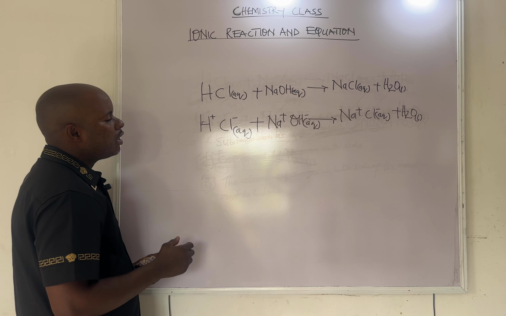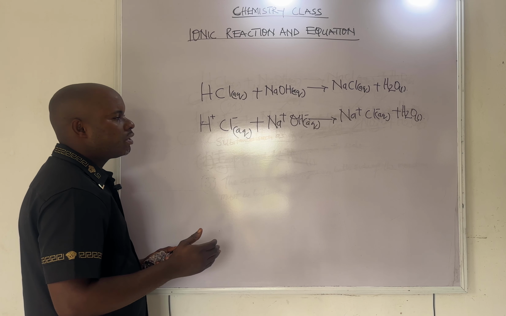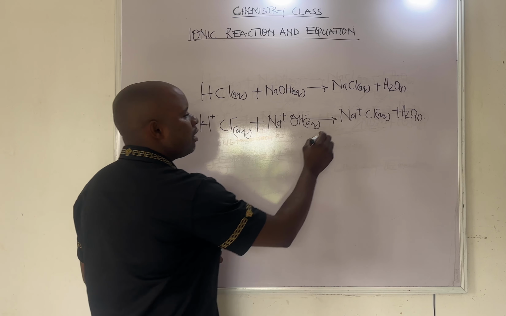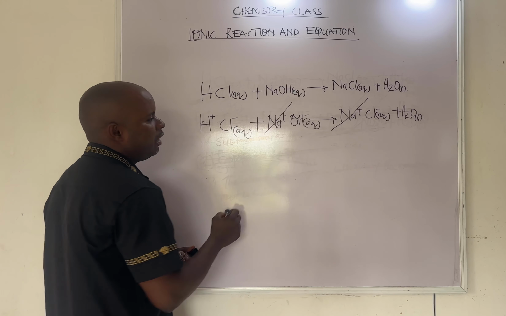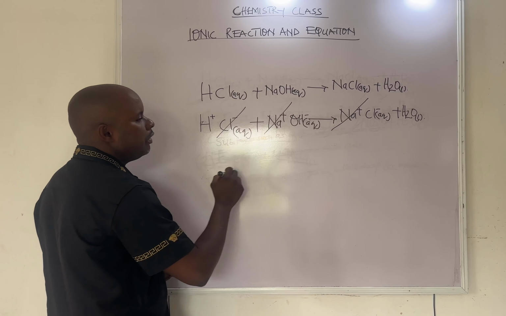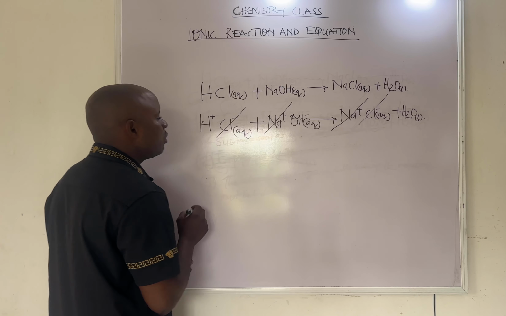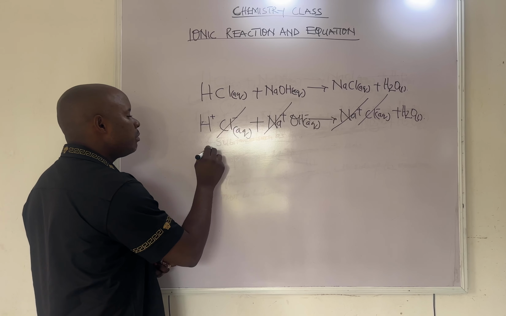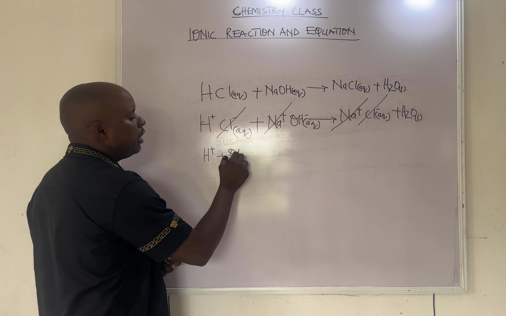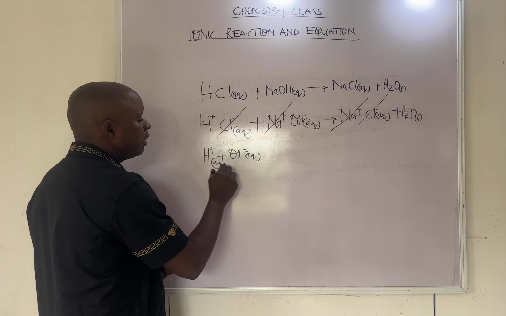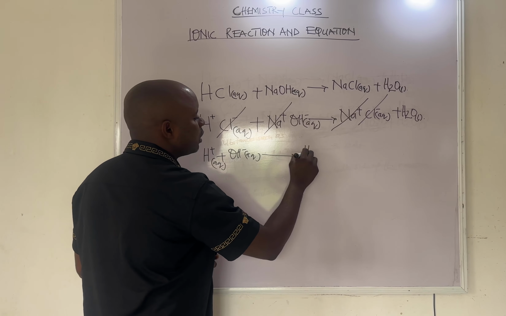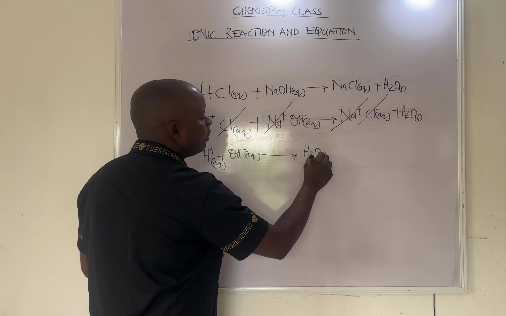The next step is to cancel like terms on both sides. If you look here, the sodium ion is here and the sodium ion is found here. The chloride ion is here too. So what is left is H plus and OH negative aqueous, to give a water molecule.